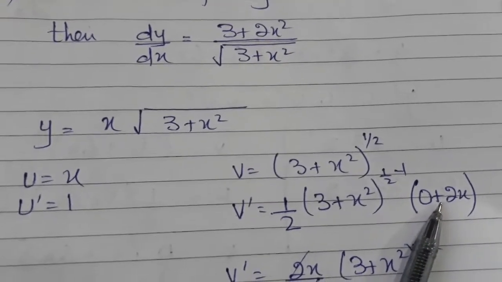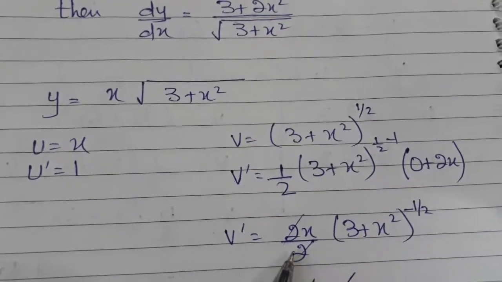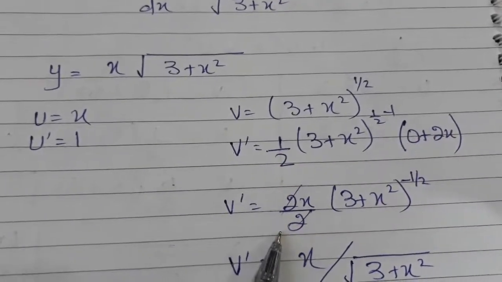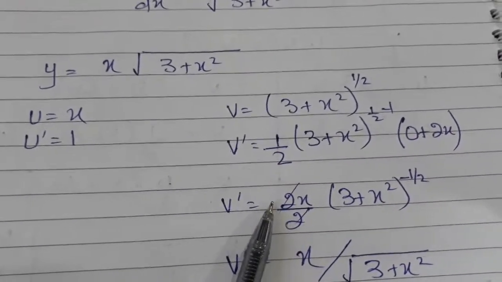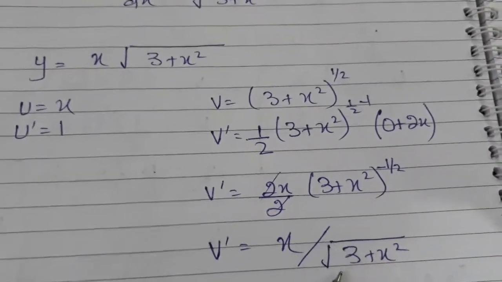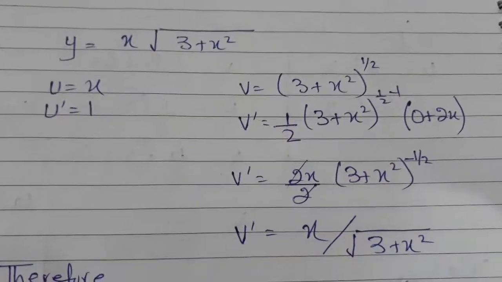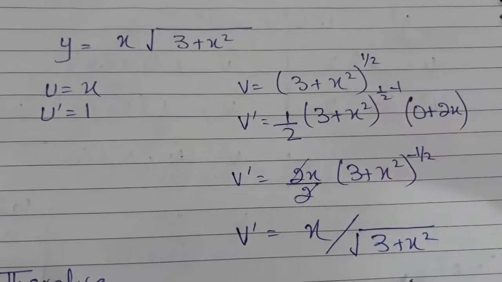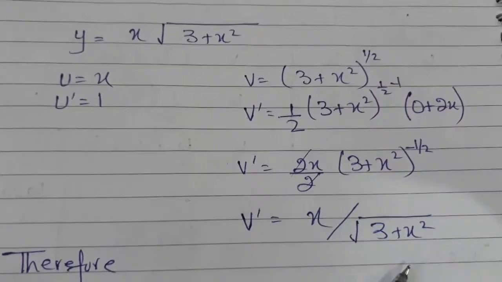So it is coming here. After that I'm just simplifying it. This 2x comes here because it is multiplying, I'm cancelling it out, and half minus 1 is minus half. And then I'm writing it in the denominator because a negative power, when it goes in the denominator, according to the law of indices, turns into positive.